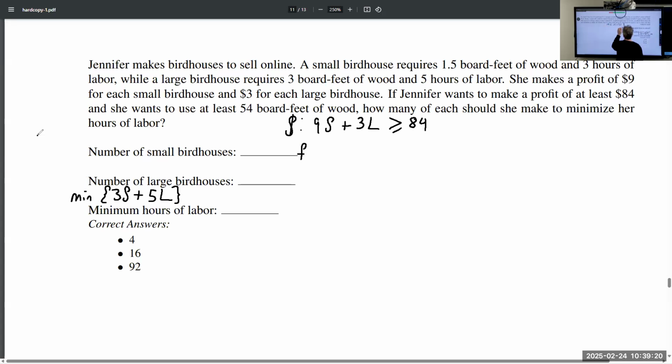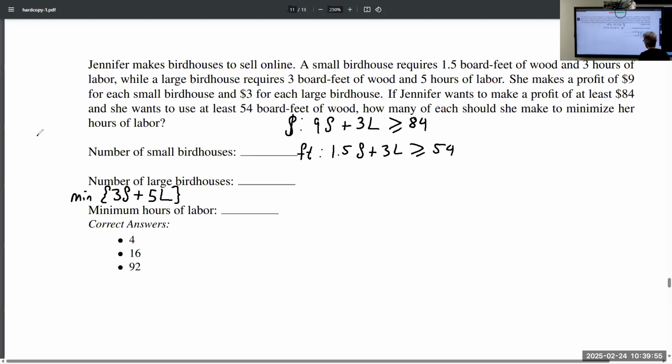But we have a wood board feet that we want to satisfy. 1.5 for the small and 3 for the large. And strangely, to me at least, until someone can explain it to me, we need at least 54 feet of wood. But I would think we'd want to minimize that too, but not for this problem, I guess.